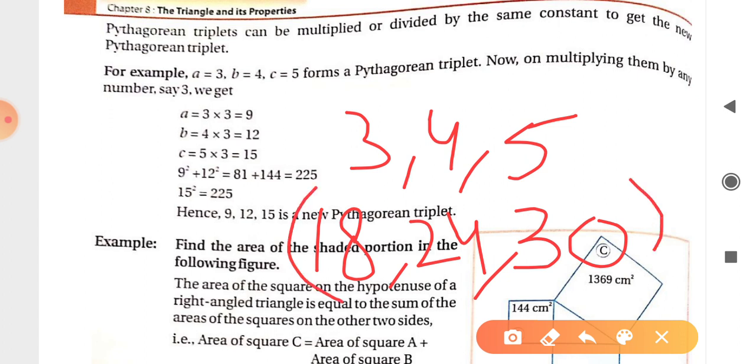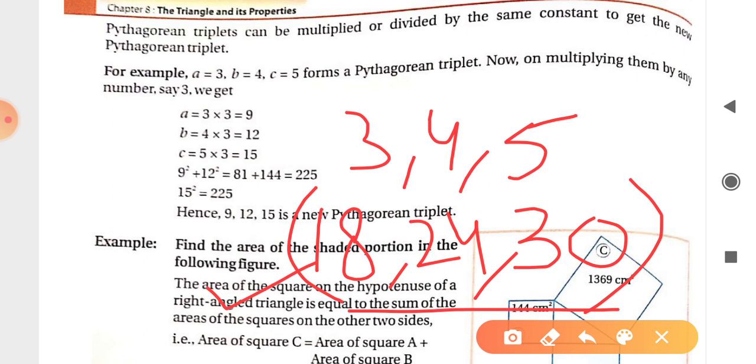So this will form a Pythagorean triplet, because these numbers hold Pythagoras property. So we can also say that this is also a Pythagorean triplet.